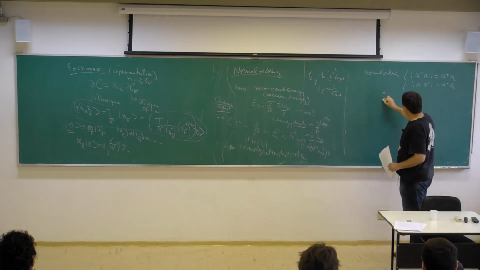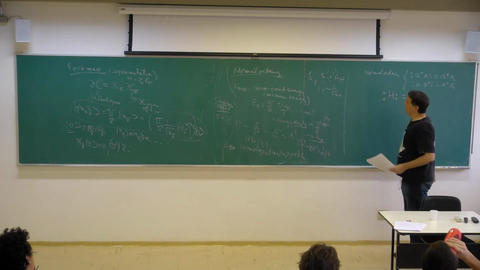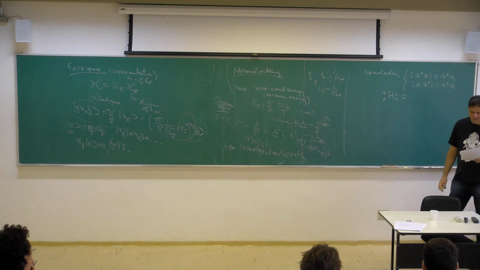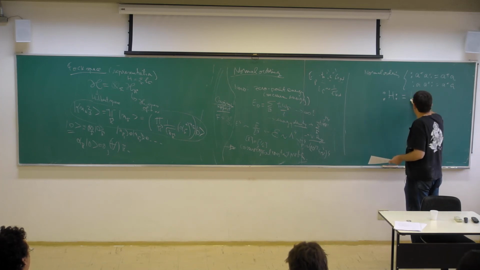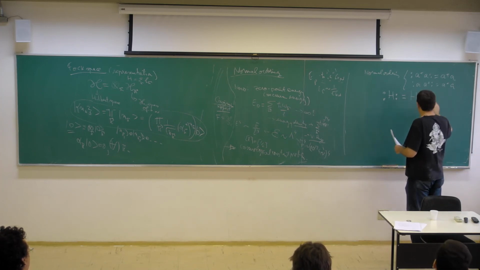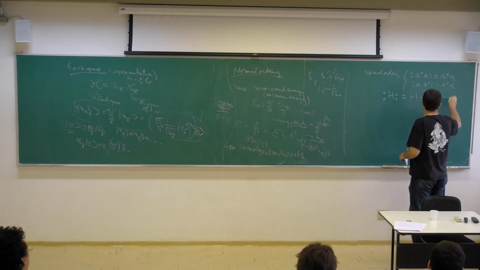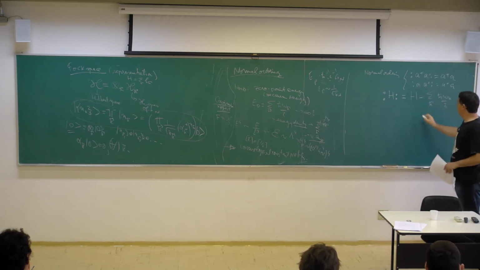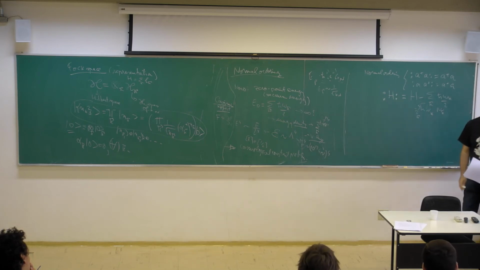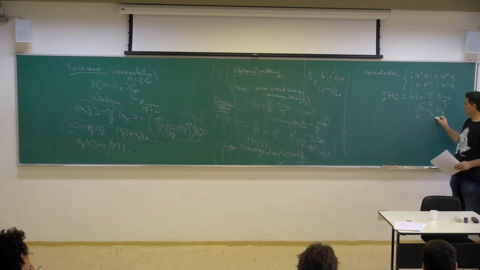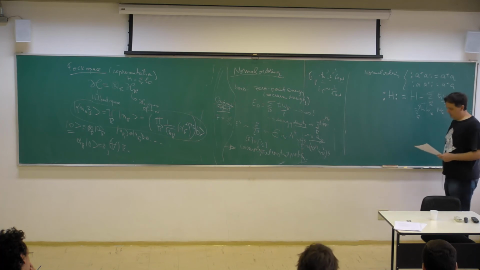Then I define the normal ordered Hamiltonian, right? The normal ordered Hamiltonian is just the Hamiltonian minus this troublesome constant, which leaves this thing that depends on occupation numbers, on things being outside the vacuum. So that's finite. Okay?